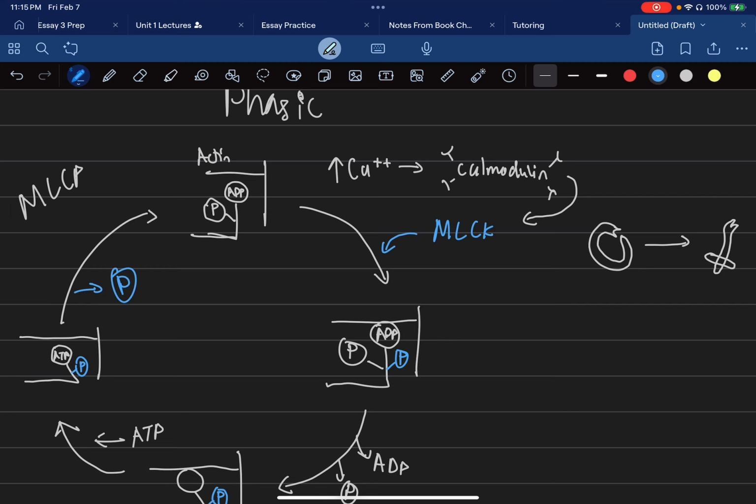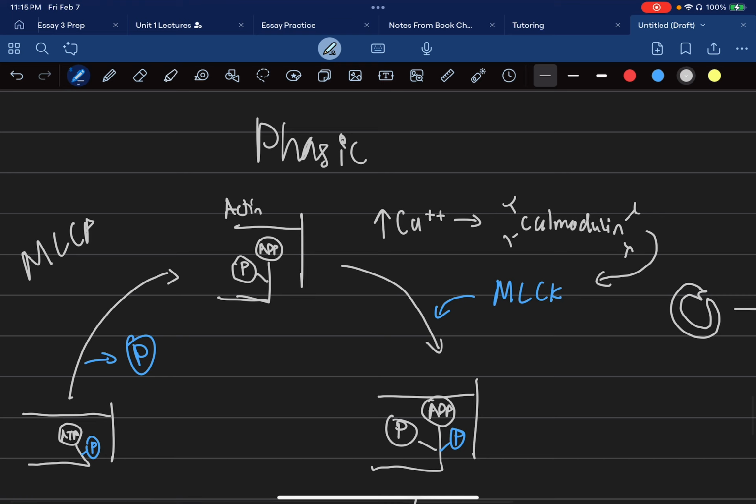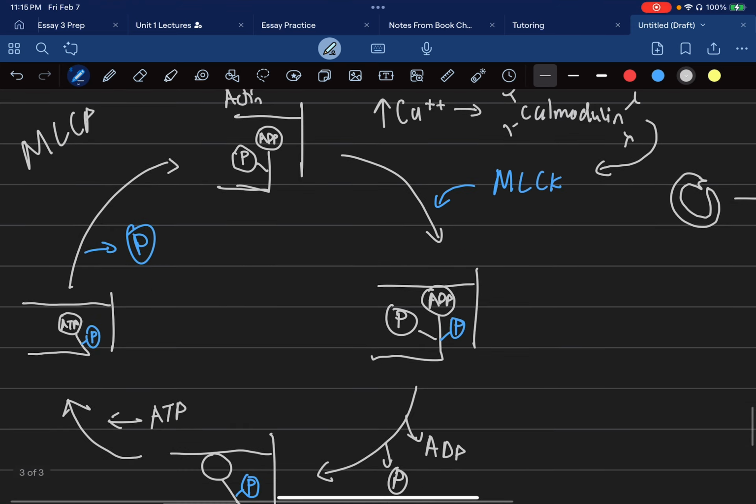But that is only if it is not being inhibited by something called Rho kinase. So if Rho kinase is being inhibited, then it will not inhibit MLCP, but usually it is not being inhibited, so Rho kinase is going to stop MLCP, usually from taking this phosphate off.